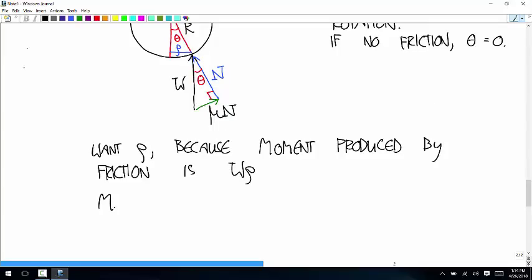And so the moment produced by the friction is equal to W rho, which is equal to W times R times the sine of theta.